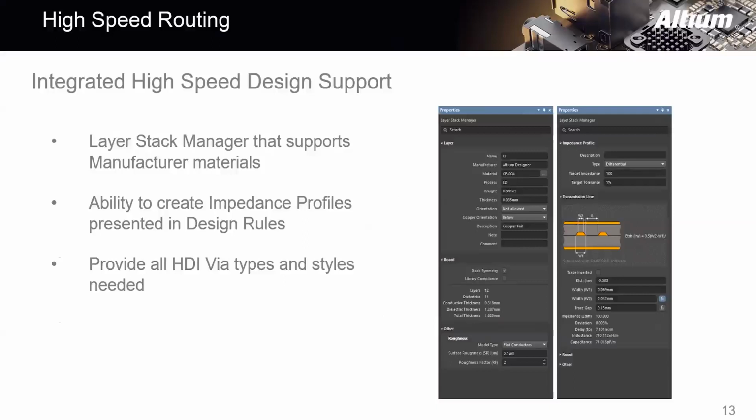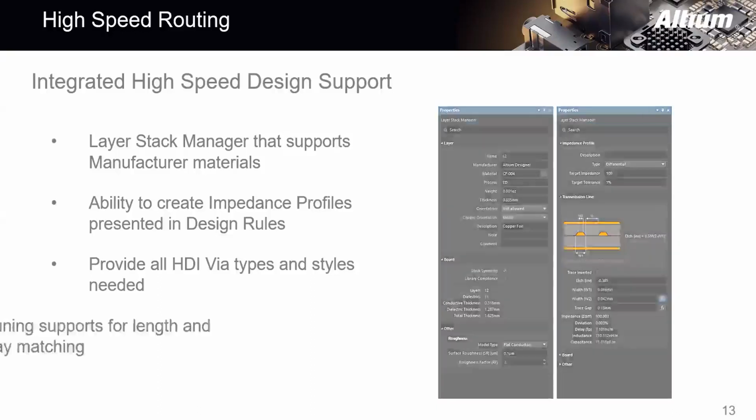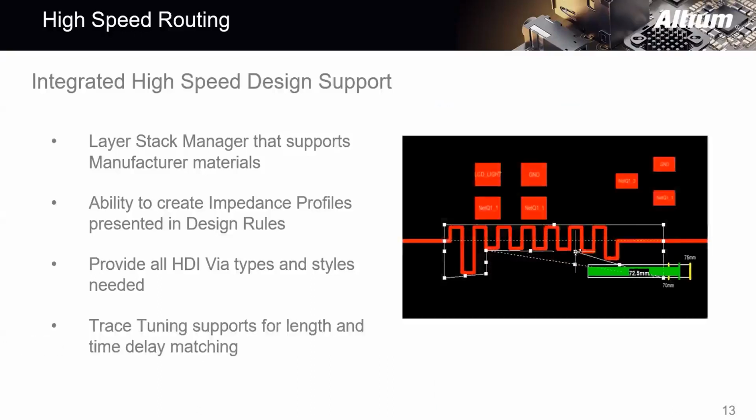So we can create our impedance profiles under layer stack manager, and we can change our target impedance also. And to provide all HDI via types like buried via, blind via, we can use them in our high-speed board. We can even do trace tuning for high-speed design, for length matching and time delay matching. Okay.